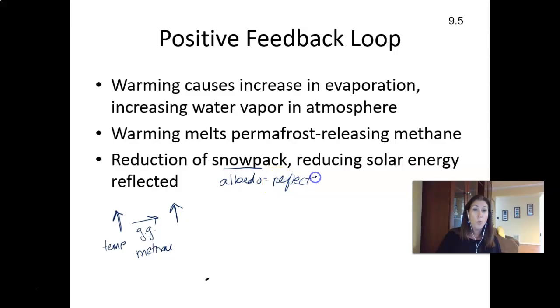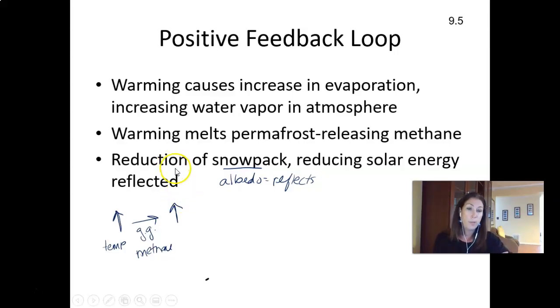As it warms and our snowpack reduces, less sunlight is reflected and more sunlight is absorbed, and that increases the temperature, which reduces more snowpack, which increases absorption, which increases temperature, and it keeps on going. So a positive feedback in this case is very hazardous because there's no endpoint, and it continues to go out of control and continues to increase our temperatures.